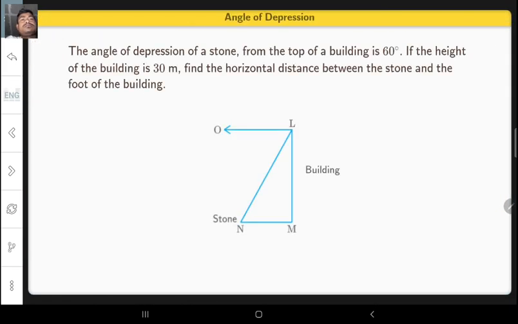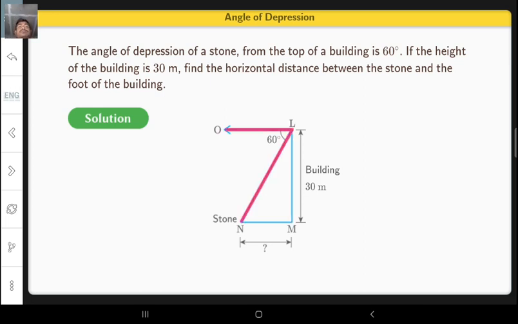The angle of depression of a stone from the top of a building is 60 degrees. If the height of the building is 30 meters, find the horizontal distance between the stone and the foot of the building. Let LM be the building of height 30 meters. Let OLN be the angle of depression of the stone at point N from the top of the building.